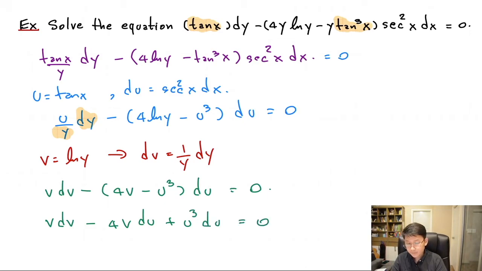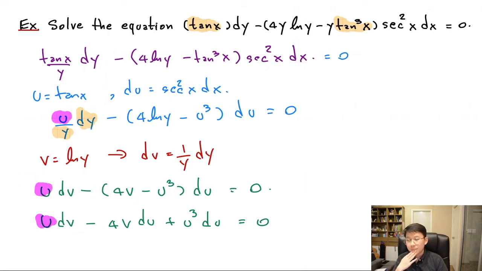Oops, guys, sorry, it's another mistake. Here is u, it's not v, because you have u here. Sorry.